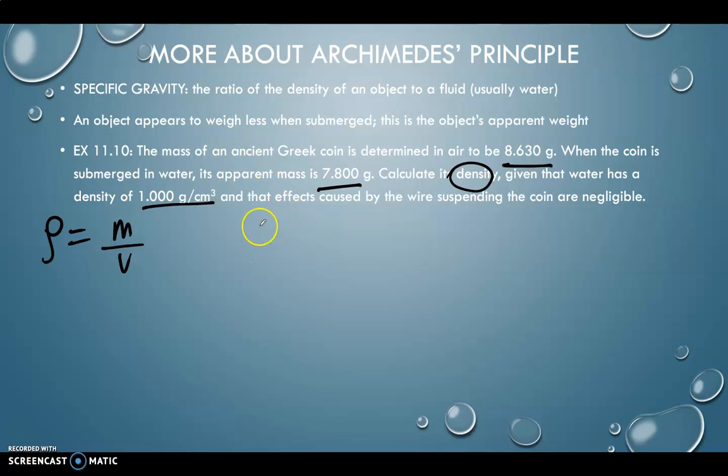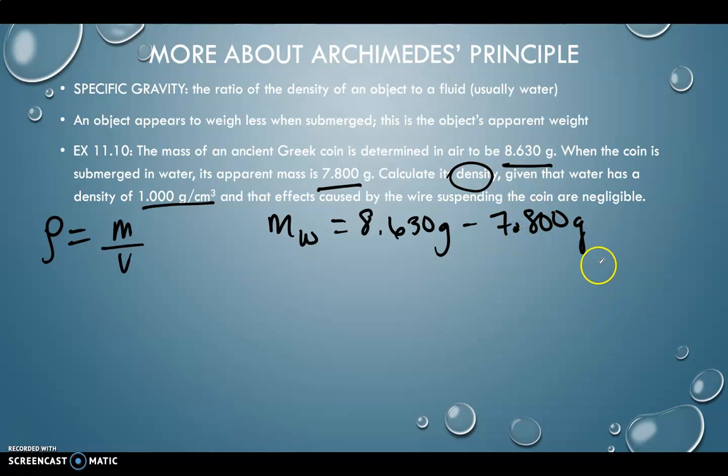So what we'll do is find the mass of the water, or the lost mass. We have 8.63 grams minus the mass that it reads in the water, and that's going to tell us the amount of mass that was lost.